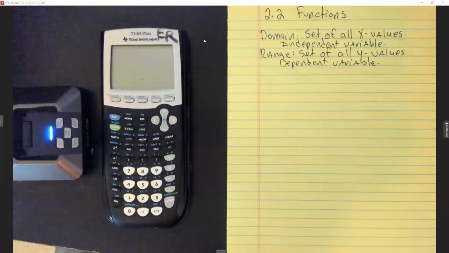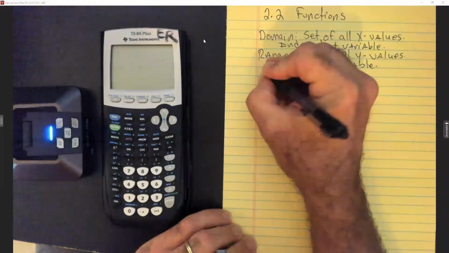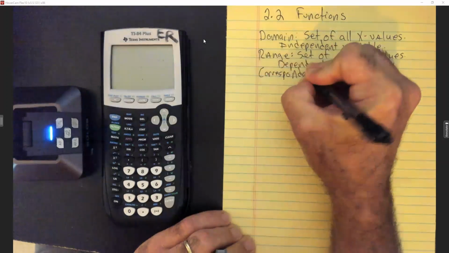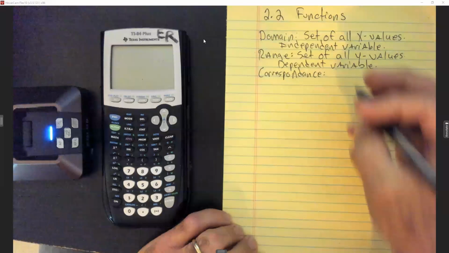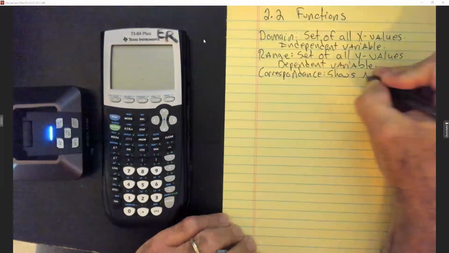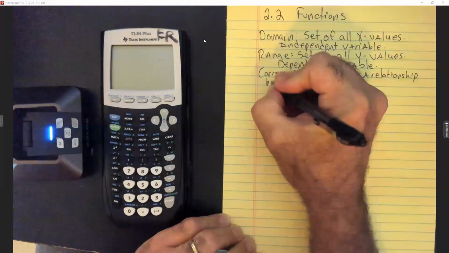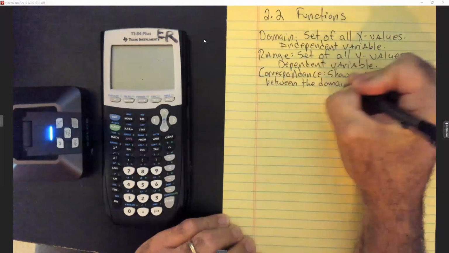All righty, so a correspondence, they use that word in here. You know, a correspondence just shows a relationship between the domain and the range.